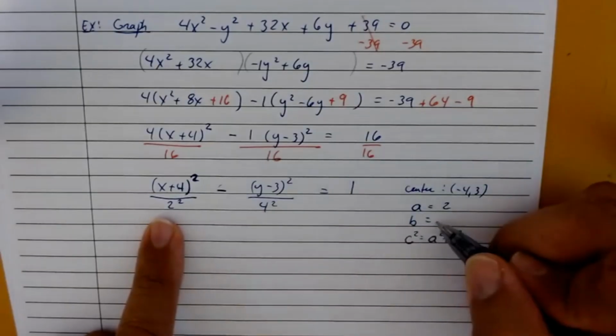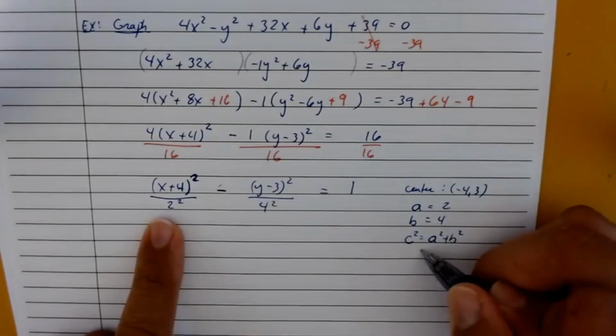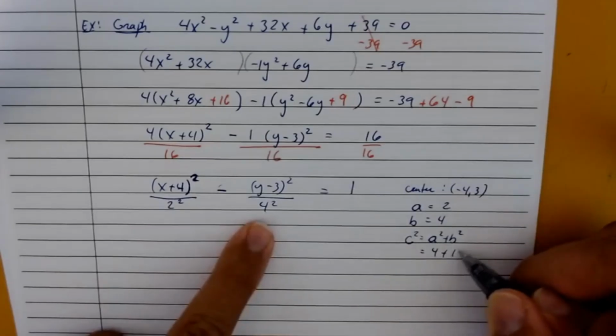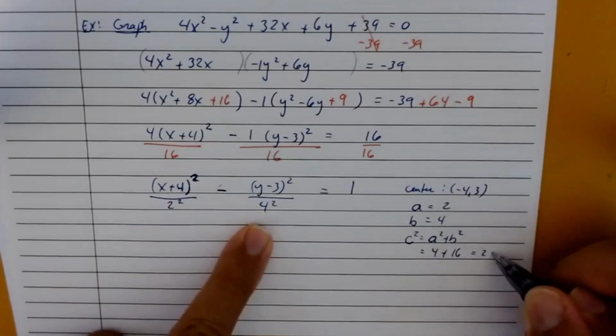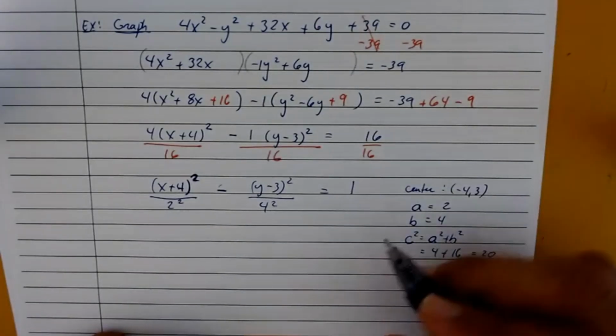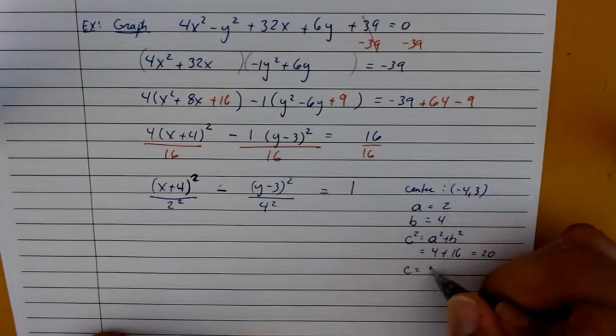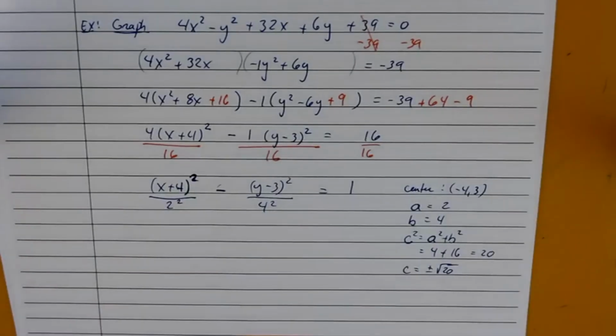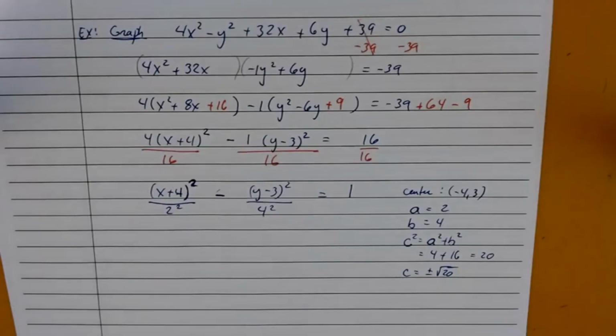So 4 must be your b. Here, c squared is equal to a squared, which is 4, plus b squared, which is 16. So c squared must equal 20. If I take the square root of both sides, that gives me c is equal to plus or minus root 20, which is 4 point something. Okay? So this gives us enough information to create our graph now.